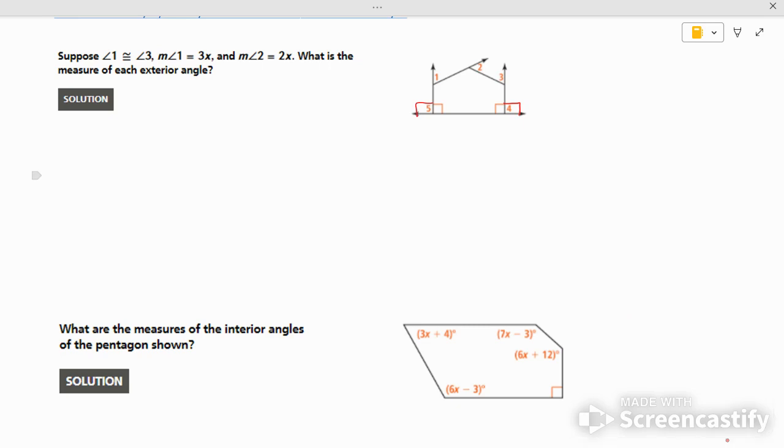So angles 1 and 3 are congruent, and they're each 3x. Angle 2 is 2x. How big is each exterior angle? Well, you have a 3x plus a 2x plus a 3x plus a 90 and a 90. That should add up to 360 degrees. What's 90 plus 90 add up to?